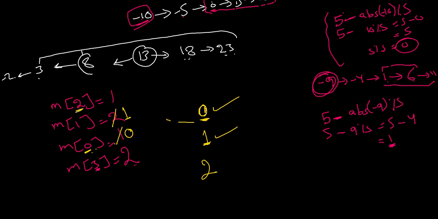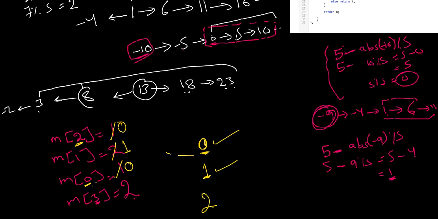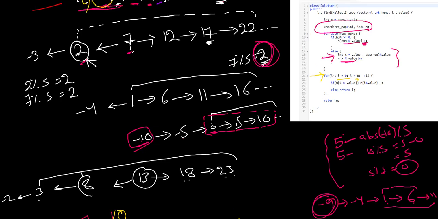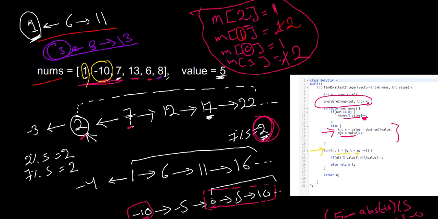The answer is yes, m of 2 equal 1, so we subtract, this is 0 since we used one number to reach the value 2, and this number could be 7 since 7 mod 5 is 2, and we can reach 2 by just doing 7 minus 5.